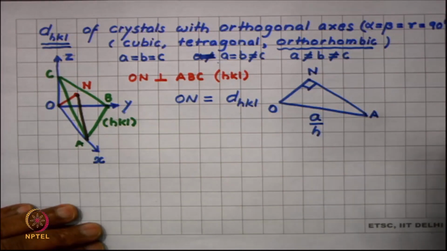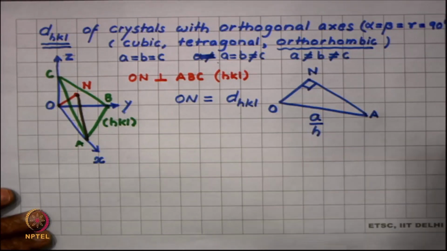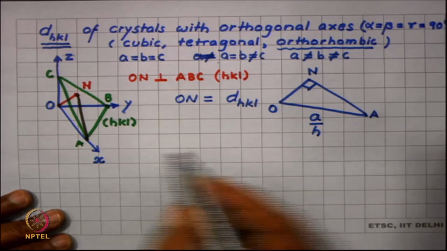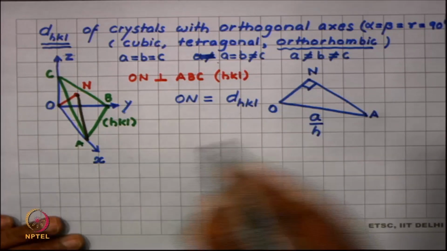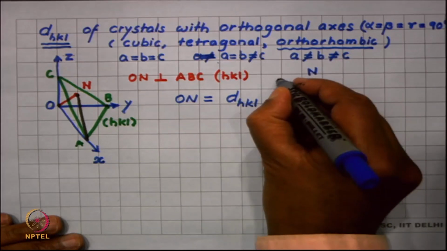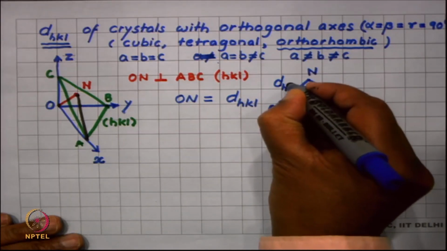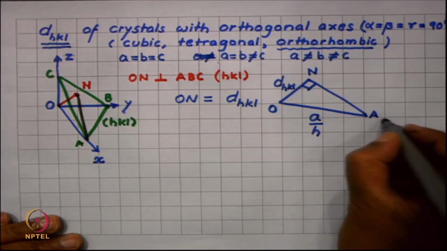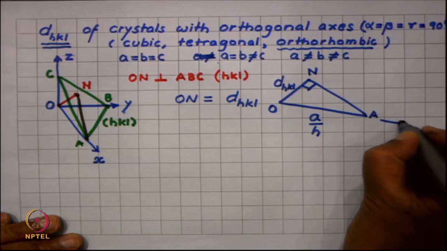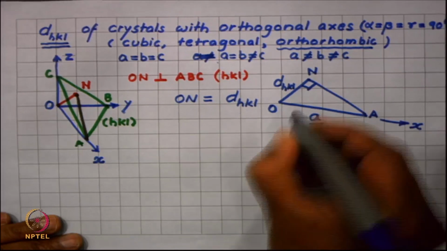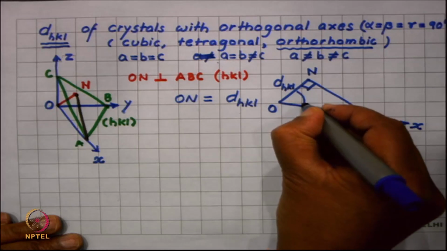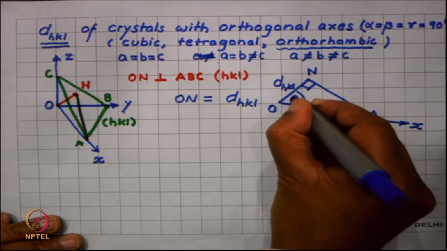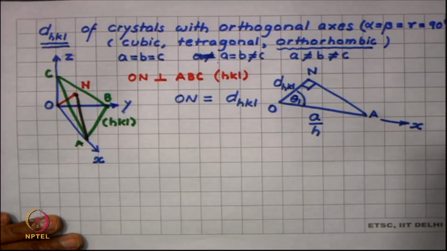So, OA is a by h. ON by our definition is d_hkl. OA was also the direction of my x axis. Let me call this angle theta 1.